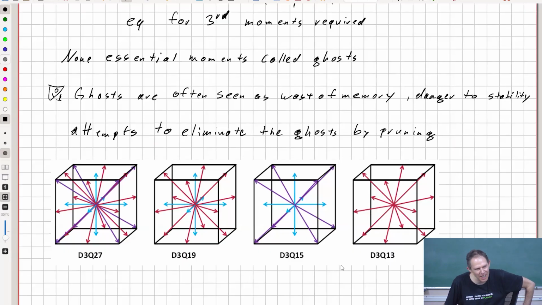And nowadays, with bigger computers, everybody wants to go in the other direction and add more and more speeds. The biggest lattice Boltzmann stencil that I've seen has 343 speeds. Oh my God. So the modern style is adding more speeds.